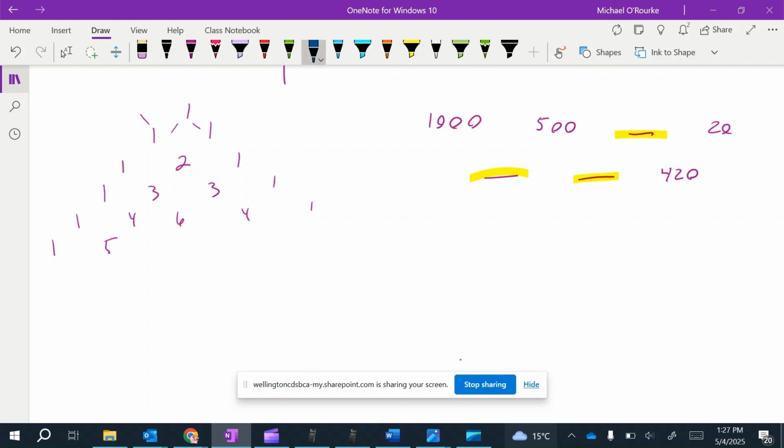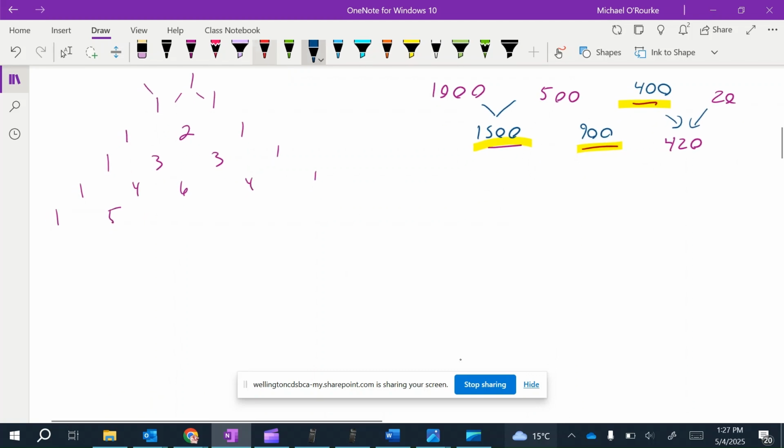Okay, and you have to figure out, it's Pascal's triangle reasoning. 1,000 plus 500 is 1,500. I can't do this one, but I know that these two numbers equal 420. So that's going to be 400. That's what plus, and then we go 900 here. That's number one.